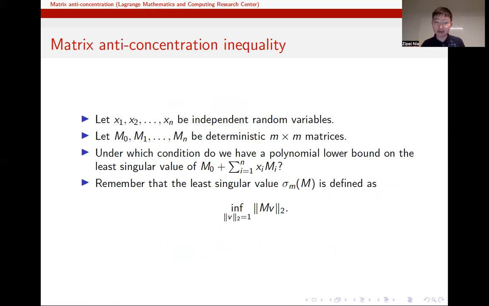In this framework, let the xi's be independent random variables, and let the Mi's be deterministic matrices. We consider under which condition we can have a polynomial lower bound on the least singular value of the linear combination. Remember that the least singular value of a matrix is just the norm of the inverse of the matrix.